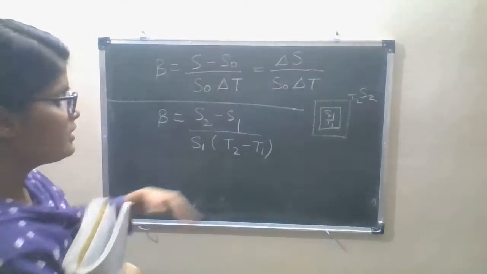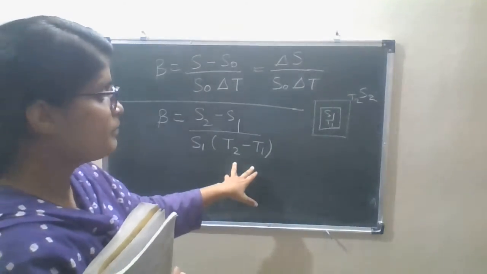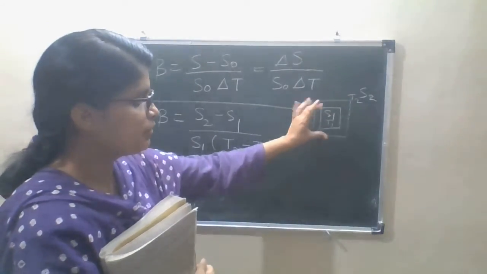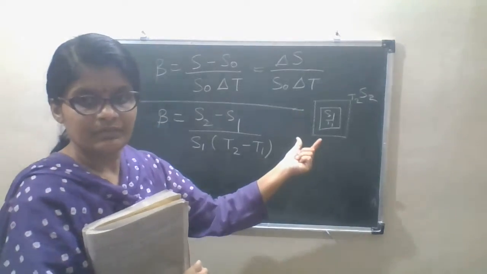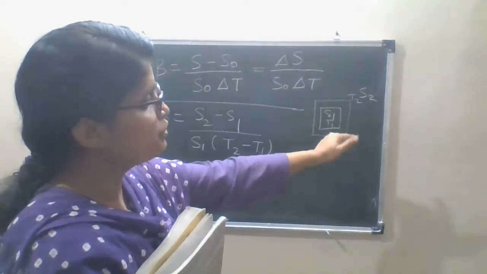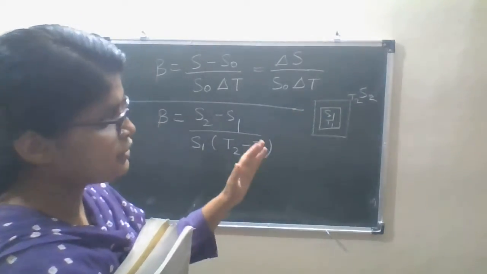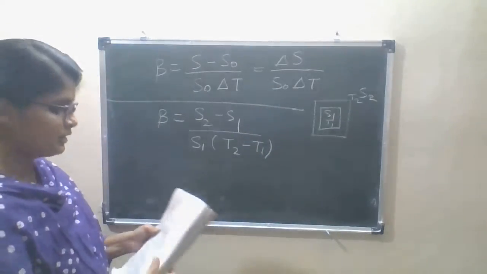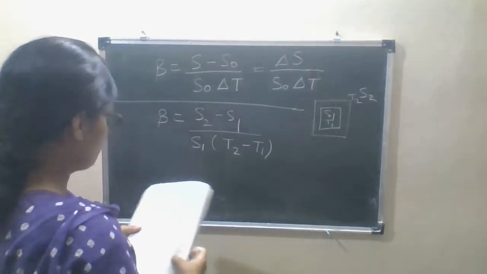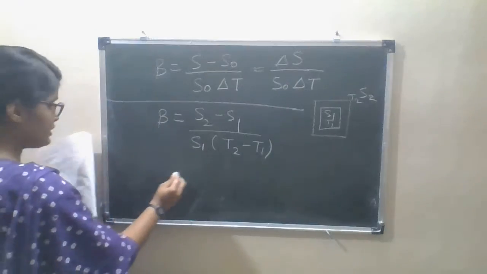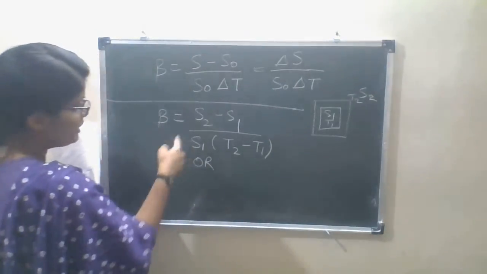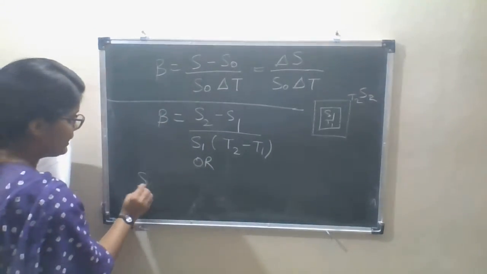Where did T1 and T2 come from? Because the original area had the temperature T1, and T2 is the temperature of the second or newly formed surface area.